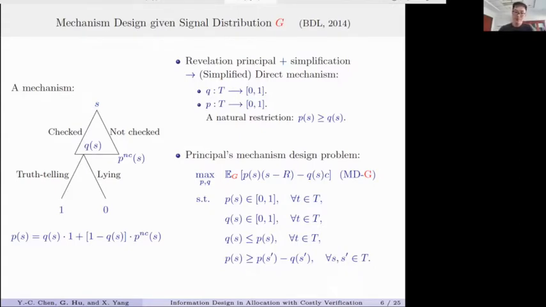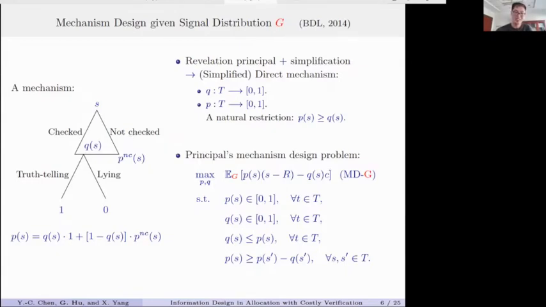And the last constraint is the incentive compatibility constraint. It says that, of course, truth telling is better than lying. For the left-hand side, P of S is the total assignment probability under truth telling. And if the agent does not tell the truth and reports something else like S prime, then the agent will only get the assignment probability conditional on not being checked, right?